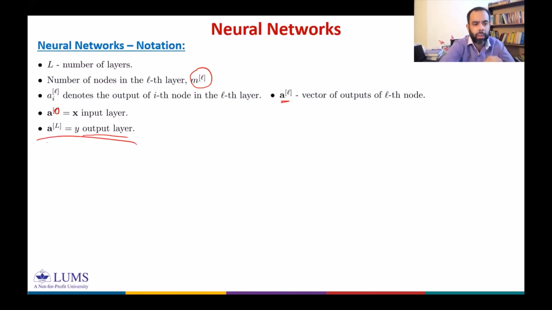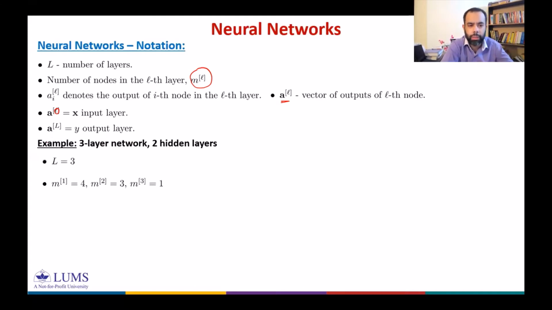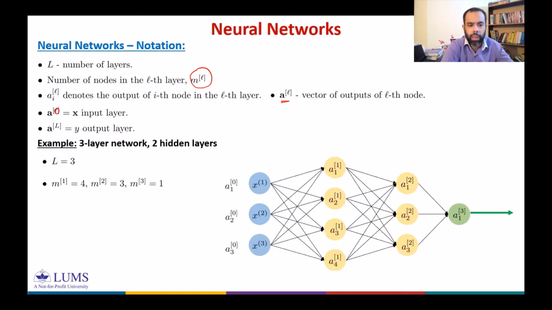Okay, let me illustrate this with the help of one example. This is what we have seen earlier, a 3-layer network, 2 hidden layers, L is equal to 3. Right? And for this network, the number of neurons in the first hidden layer is 4. So m superscript 1 is 4, m superscript 2 is 3, and m superscript 3 is 1.